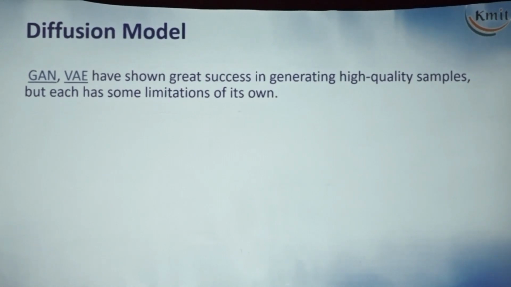GAN gives a clear picture, but there is no direction for GAN. It may put legs here and hands here. That is possible, because there is no direction. It generates from randomness. So there are some problems in the GAN and VAE.